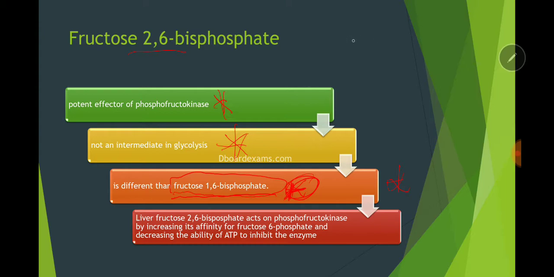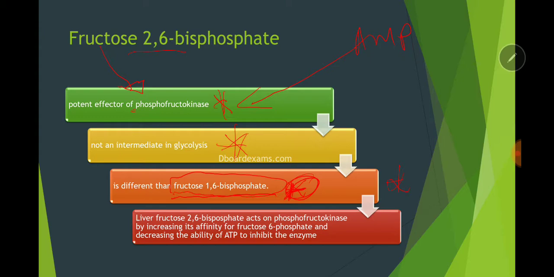Now, you have to remember that AMP also increases the activity of phosphofructokinase. So now we have two things which we know for sure increase the activity of phosphofructokinase: AMP and fructose 2,6 bisphosphate.